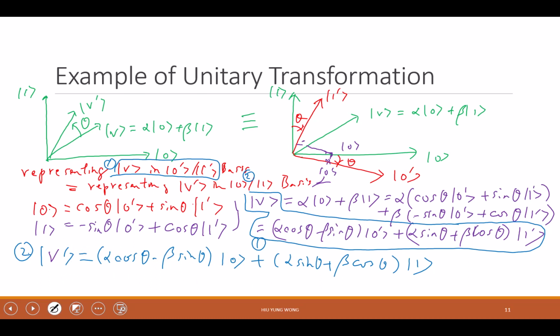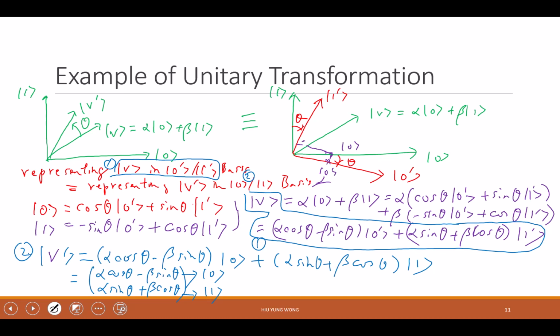So if I try to write it in the matrix form, it's alpha cosine theta minus beta sine theta, alpha sine theta plus beta cosine theta. But the most important thing is the first item referred to which basis here? 0, not 0 dash. The second item referred to 1.